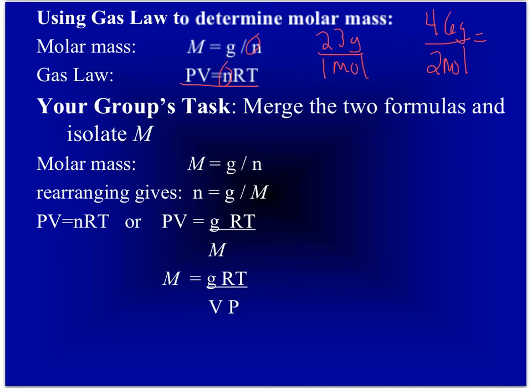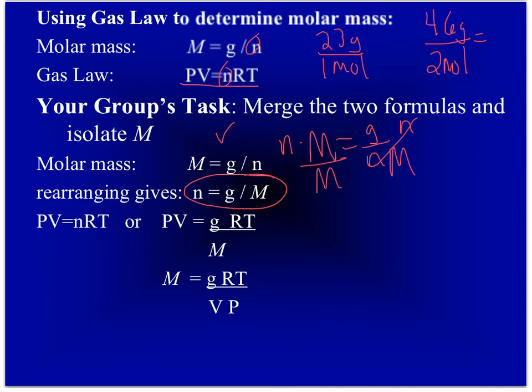So the first step, molar mass equals grams over moles. If we multiply moles by both sides, those will cancel out, and then divide each side by molar mass. That gives us moles equals grams divided by molar mass.